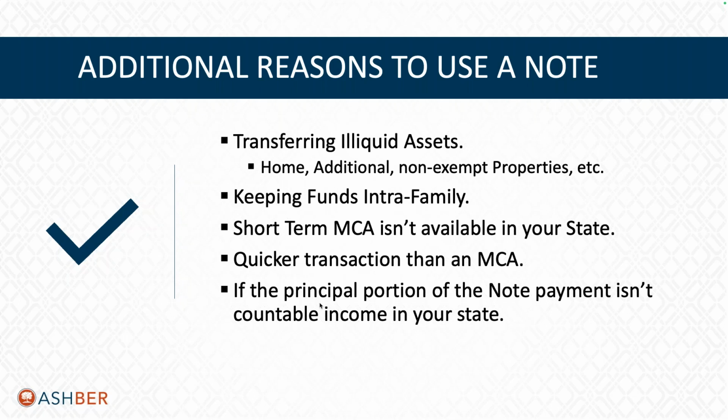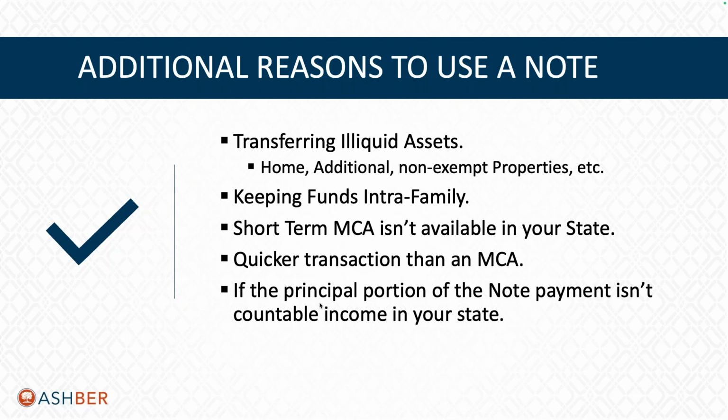And then here's an important one too. There are some states out there that may only count the interest portion of the note as income when it's getting paid back. So if you're in one of those states, then you may be looking at the note as a more economically sound option, particularly for a community spouse case that has little income. So I think in that situation, if the principal portion of the note is not countable as income, and you've got low income for the community spouse, you could take advantage of the minimum rules while the note is in place.